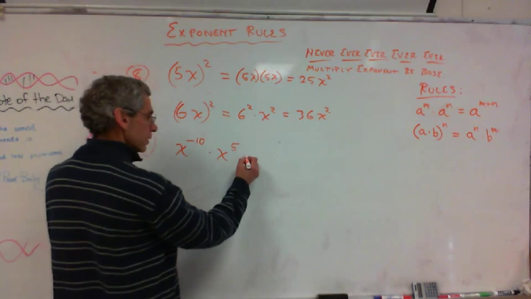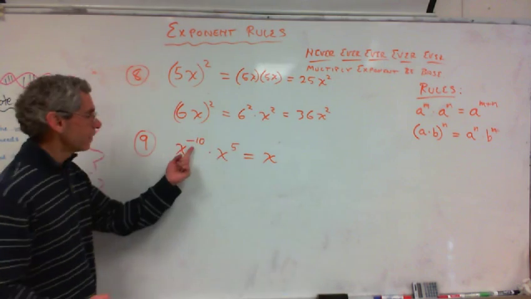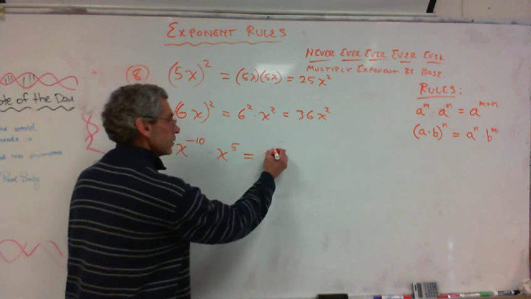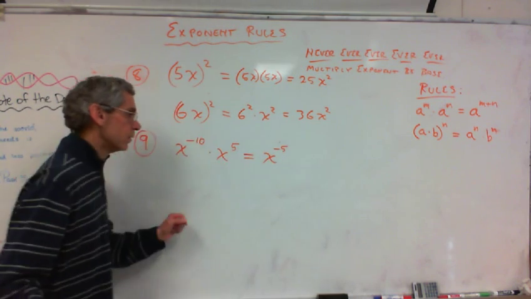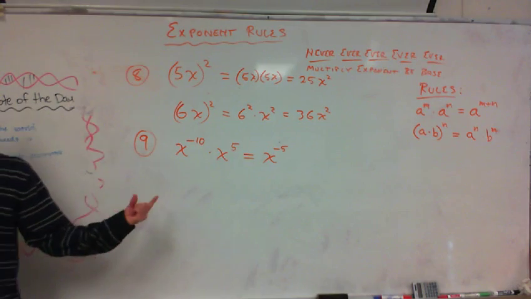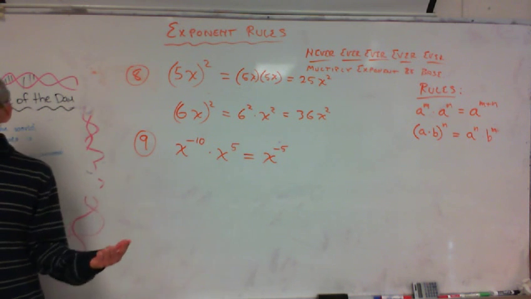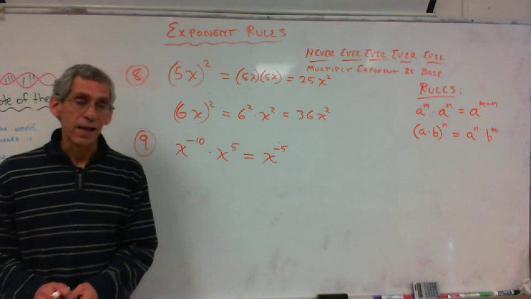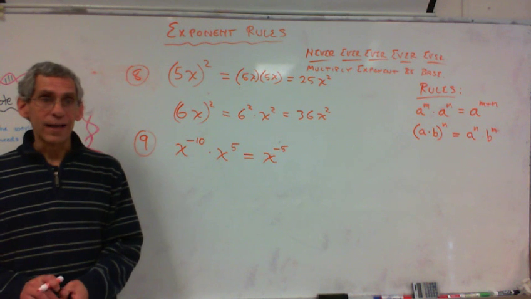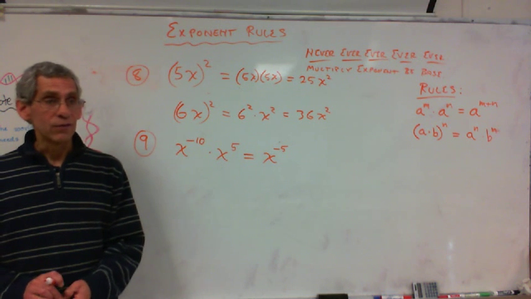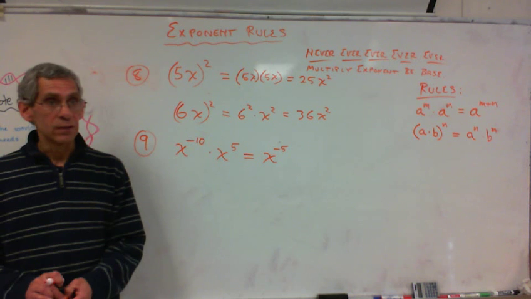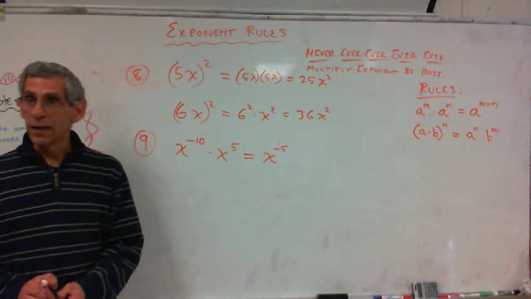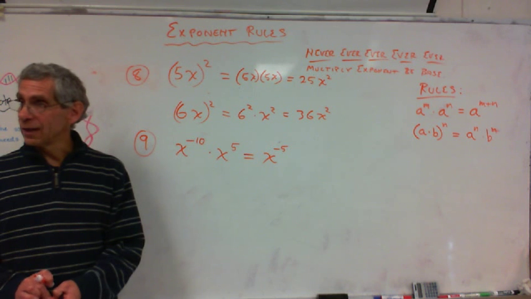Yes, it would be x to the negative 10 plus 5, which is negative 5, right? You with me? X to the negative 5. Okay, so that is the right answer, but in math, there is a rule. This rule says if your answer has a negative exponent, do not leave it in that form, right? You're not supposed to leave it with a negative exponent.